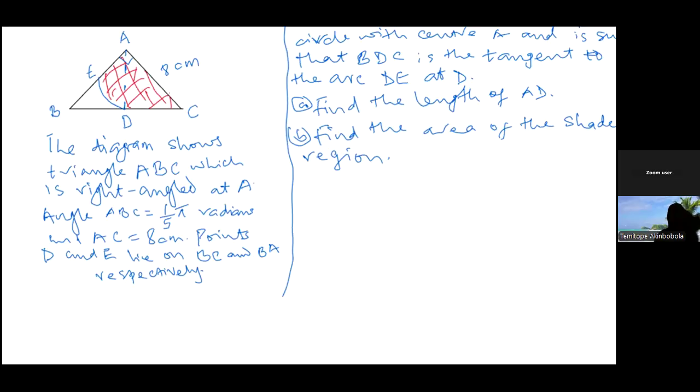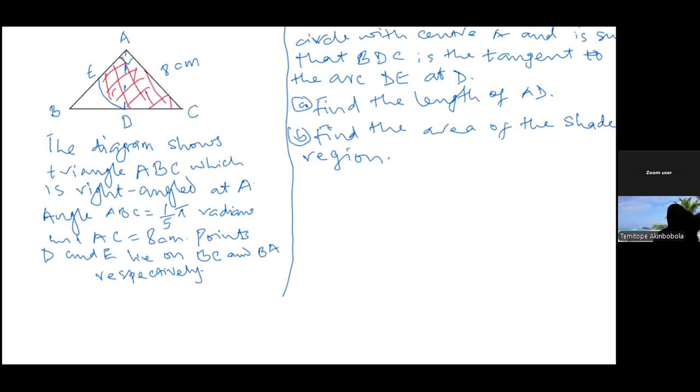Is that clear? ADE is part of a circle with center A. So since the center of the sector is at A, AD and AE are both radii.